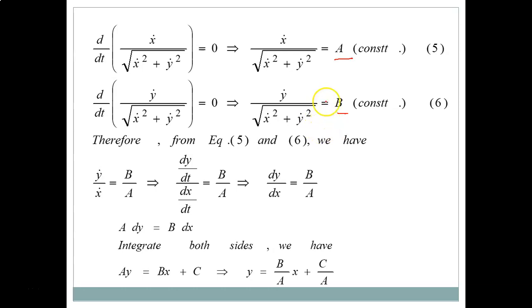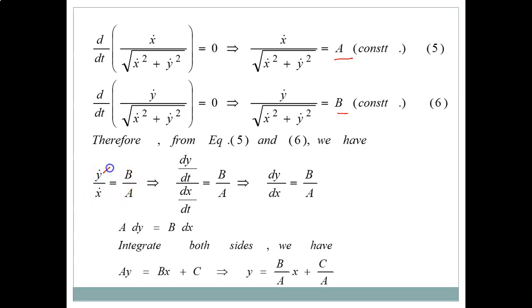So after solving these two equations, our main aim is to find some function y in terms of x. How can we do it? If we divide equation 6 by equation 5, we get y dot by x dot, and on the right-hand side we have b by a.